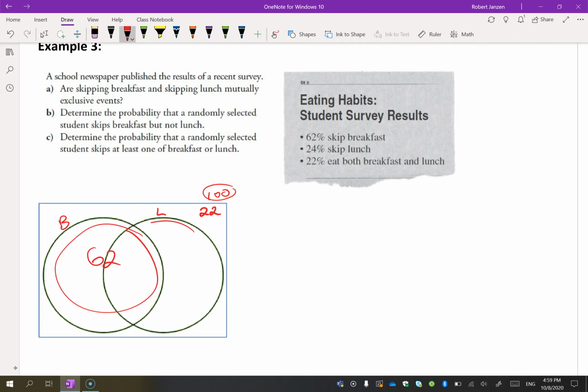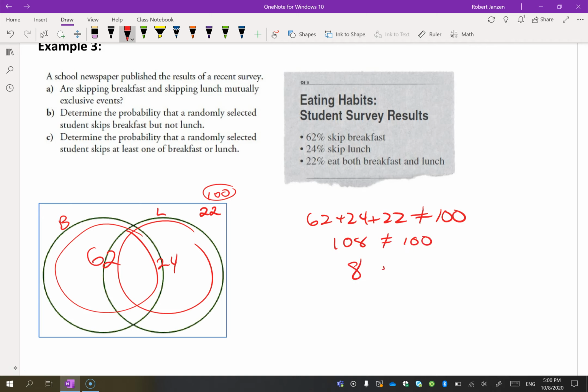And I know that 24 are in this circle. But 62 plus 24 plus 22 does not equal 100. Okay? So what is this? How much bigger is this? This is 86. This is 108. That doesn't equal 100. This tells me that 8 are sort of doubled up.